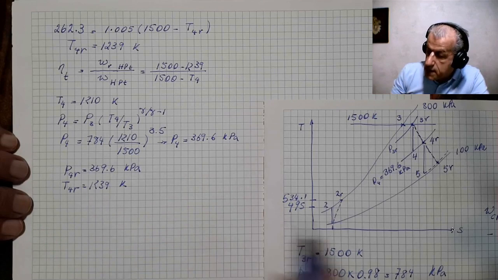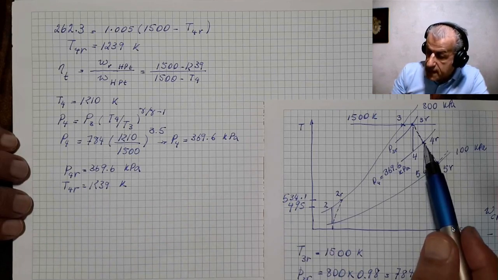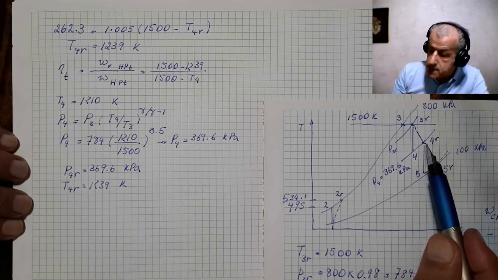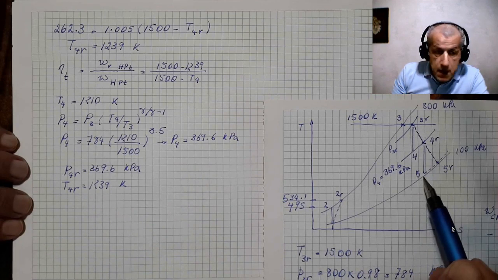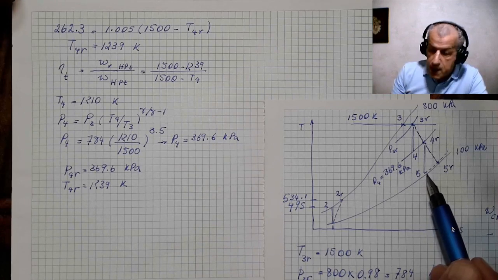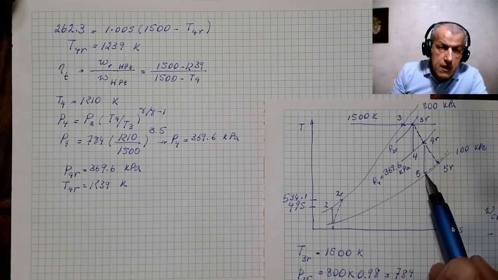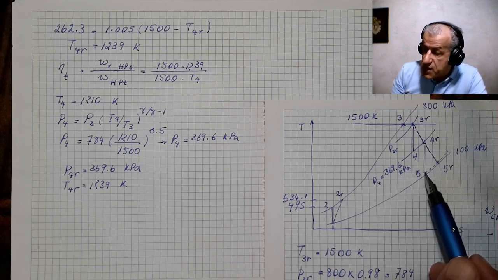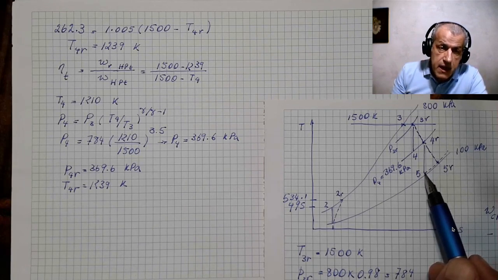Now this gas would expand to 100 kilopascals, and of course, if we assume some pressure loss for the exhaust system, then we would need to allow for that pressure at turbine exit.